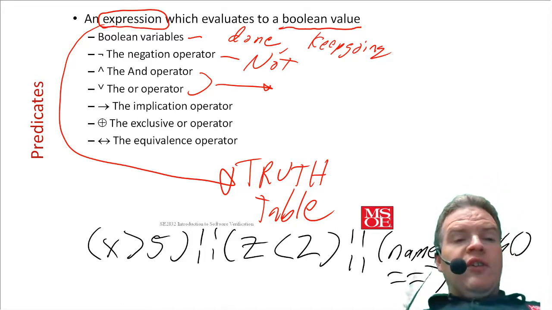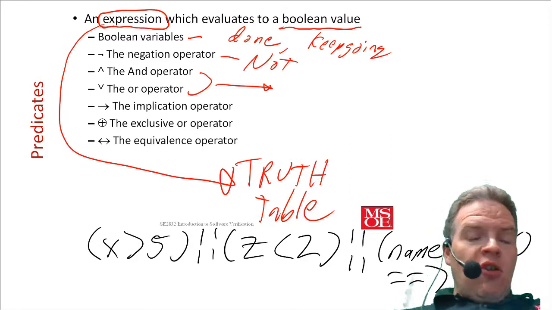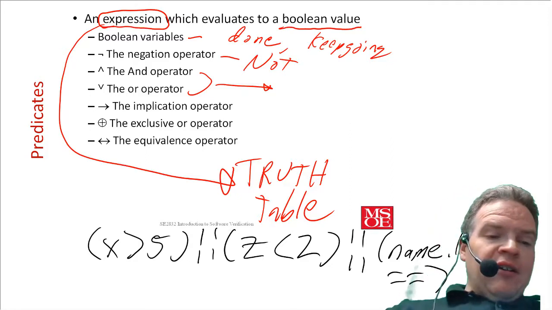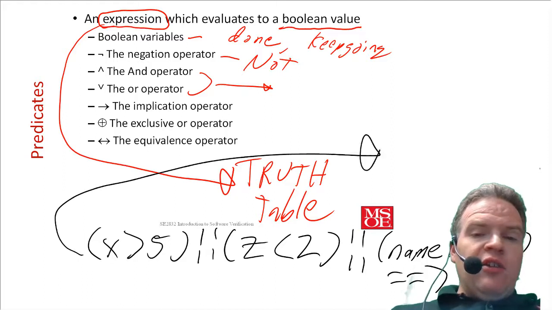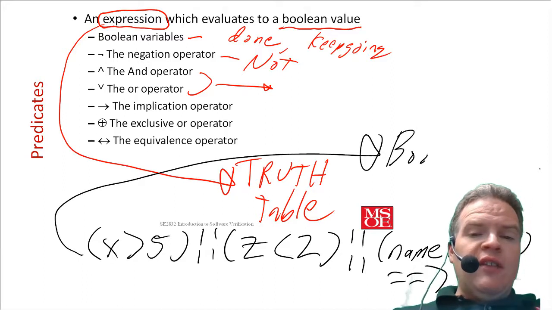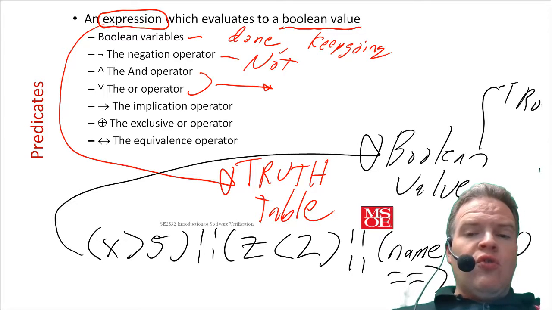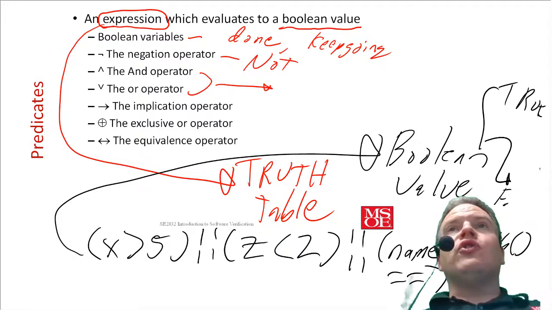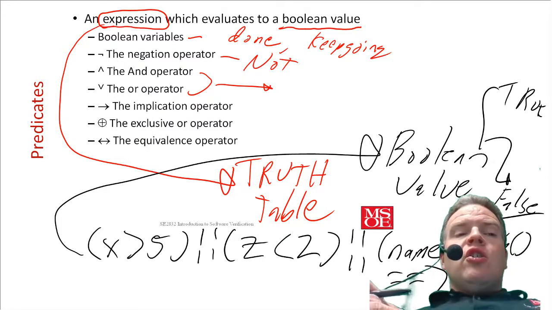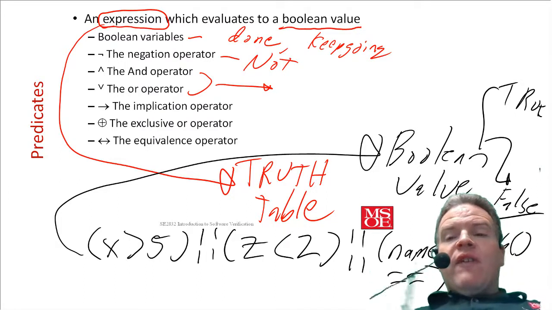All of these are essentially predicates, in that they return a Boolean value when done. It is either true or false. So predicates are very, very important aspects of programming.